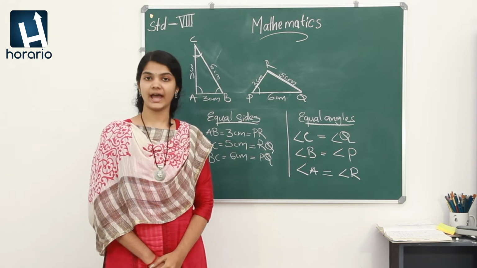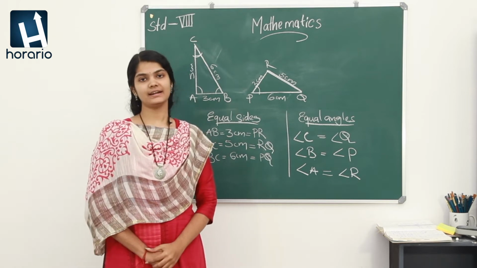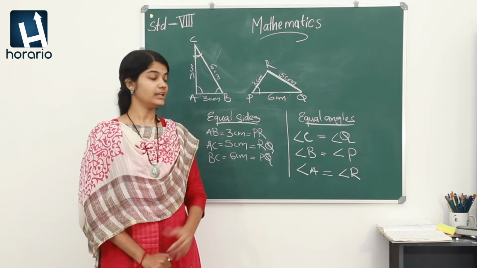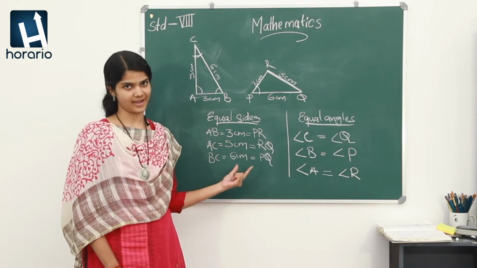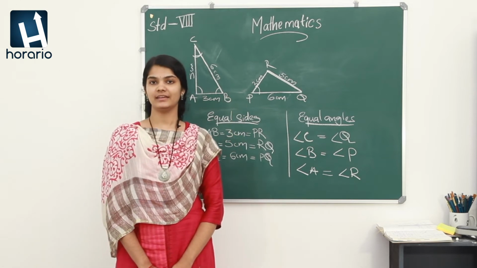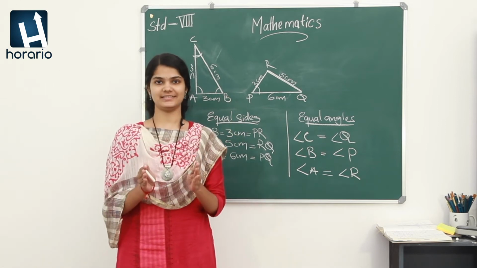In order to find equal angles of the triangle, we need to find equal sides of the triangle. This condition is only possible in equal triangles.